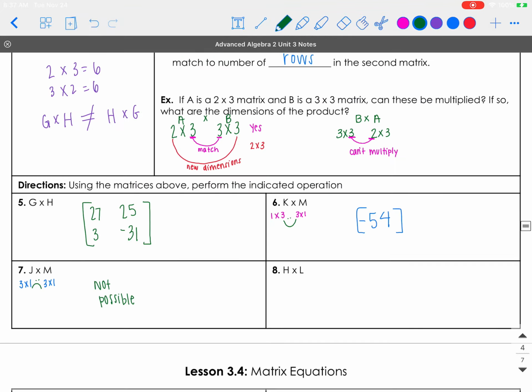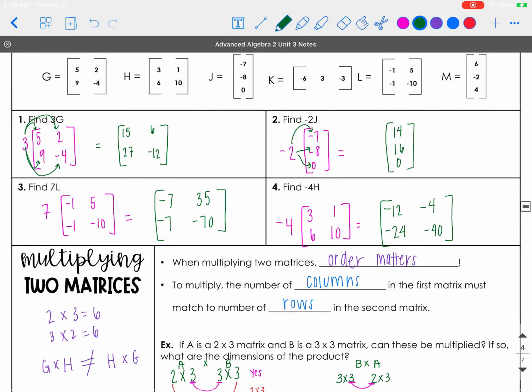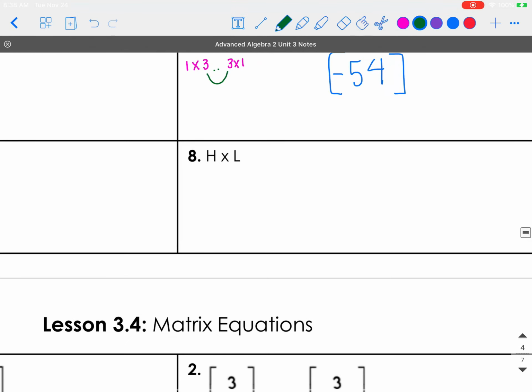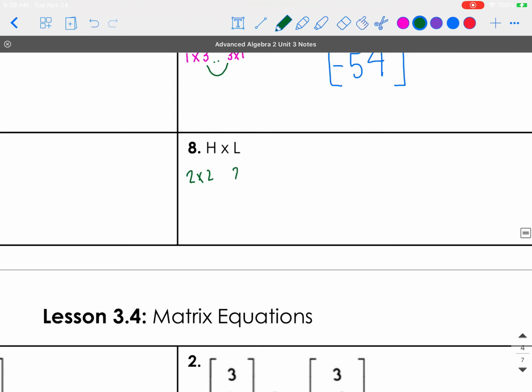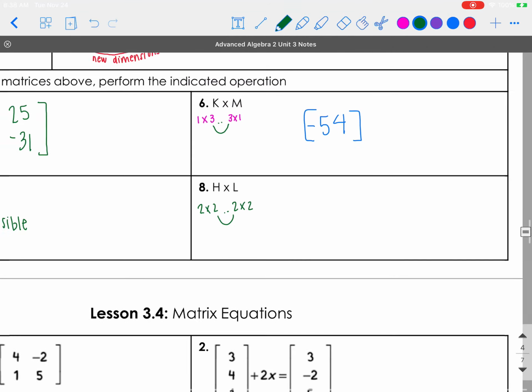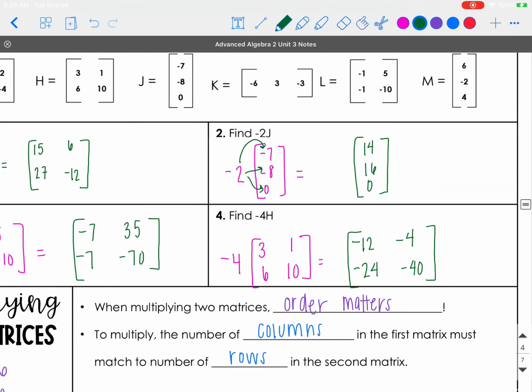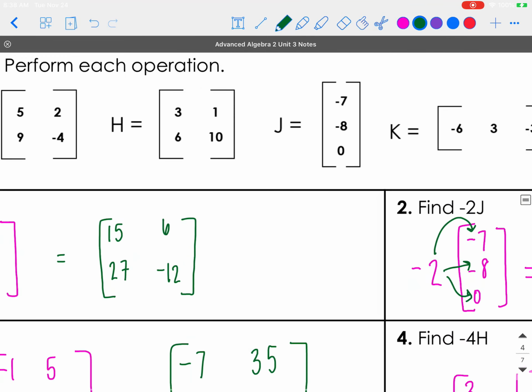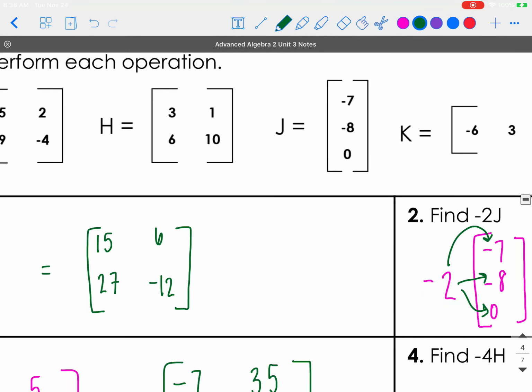And then number 8, H and L. Those are both 2 by 2s. 2 by 2, 2 by 2. Yep, they match. And our answer is going to be a 2 by 2. So H times L. Alpha zoom, fix it to 2 by 2.